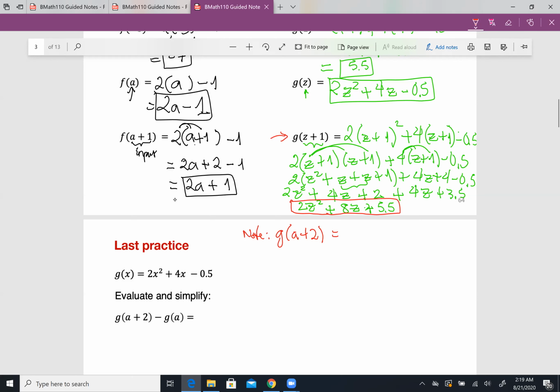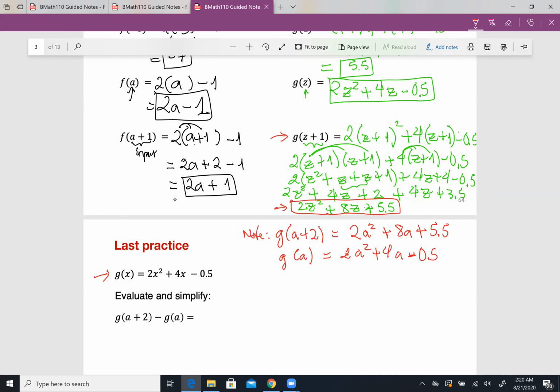So now I'm gonna use this and change z to a. So I have 2a squared plus 8a plus 5.5. And then for g of a, it should be just 2a squared plus 4a minus 0.5. I just use the original function g of x here and change that to become a.